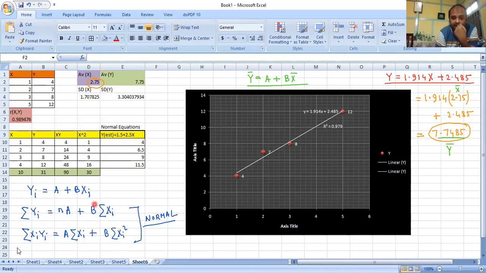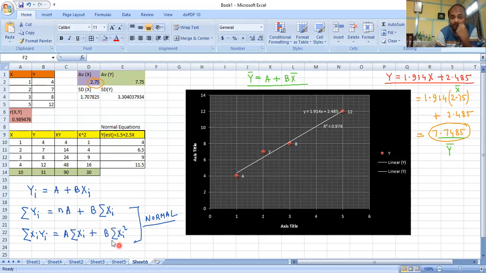If I can get hold of these quantities, they will be substituted in the equations, and we get two equations in terms of capital A and capital B. Then this pair of equations can be solved for capital A and capital B.